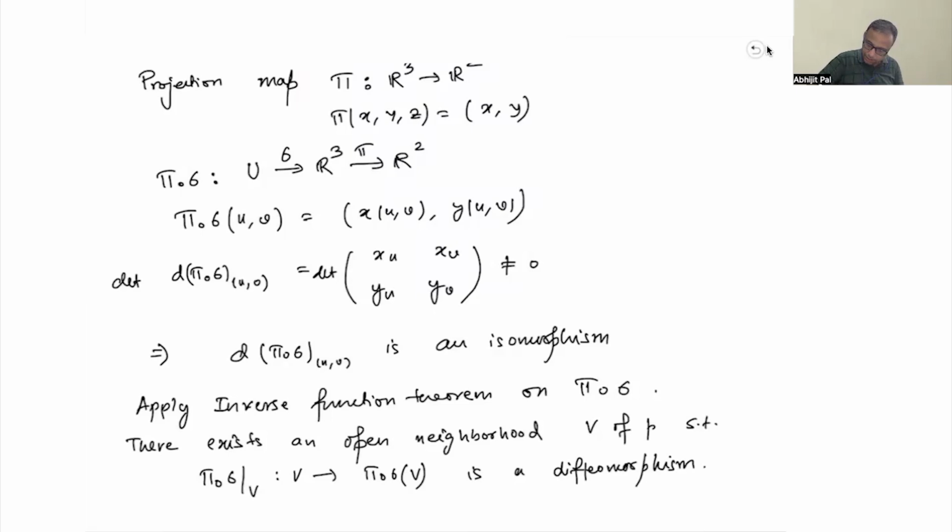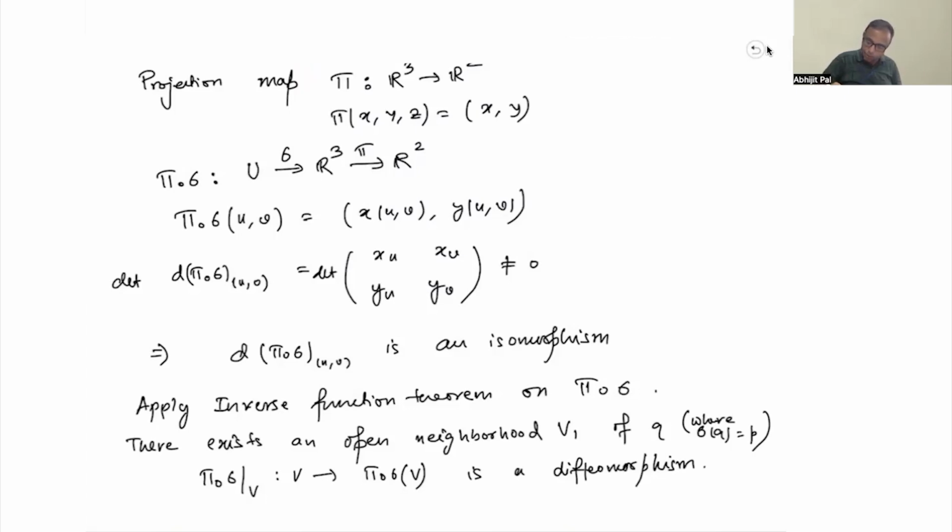So there exists an open neighborhood, let us take B1 of Q, where sigma of Q equals P. Okay.